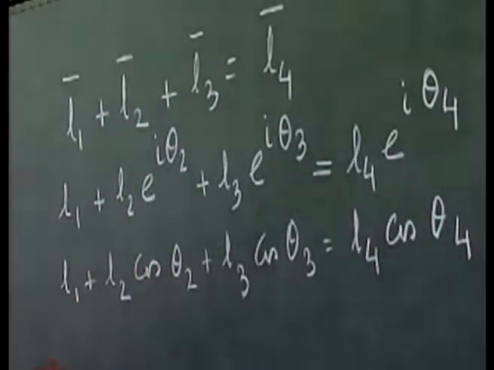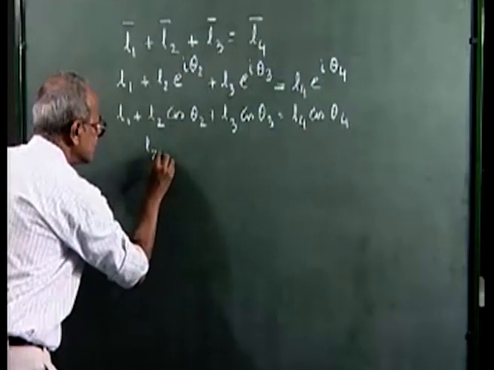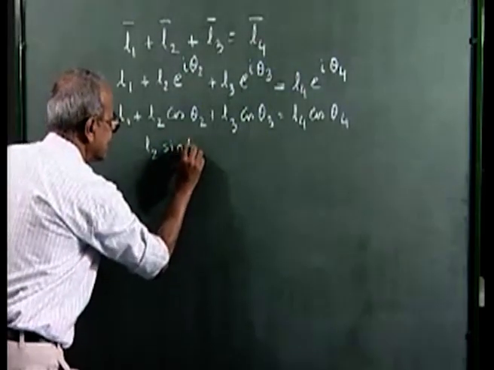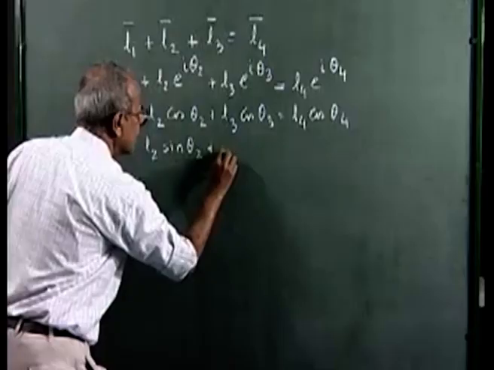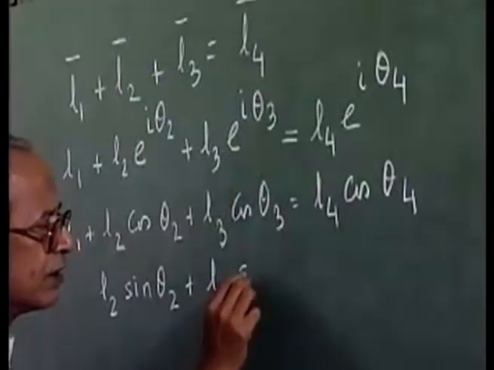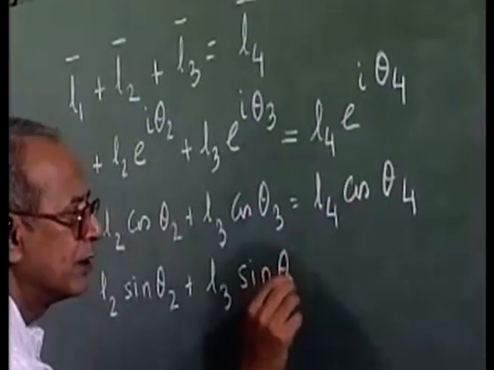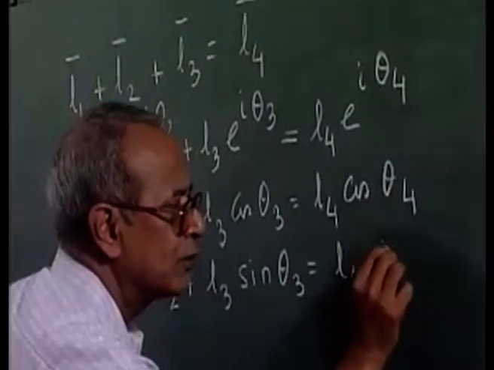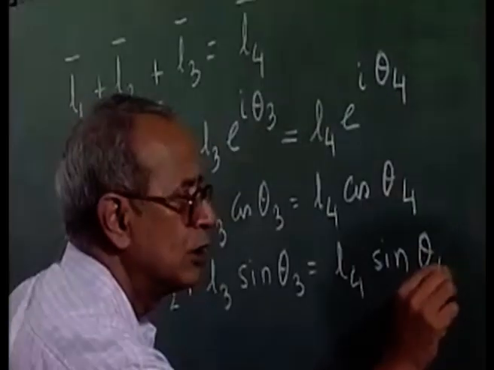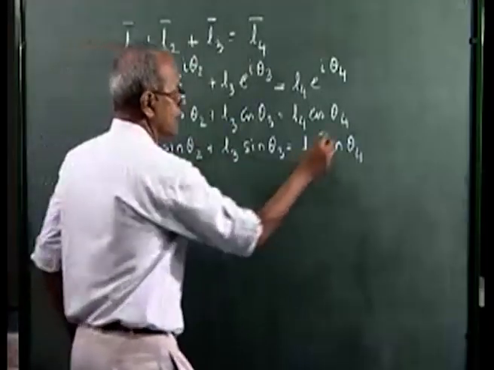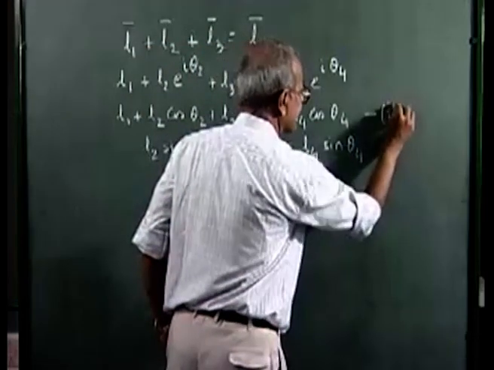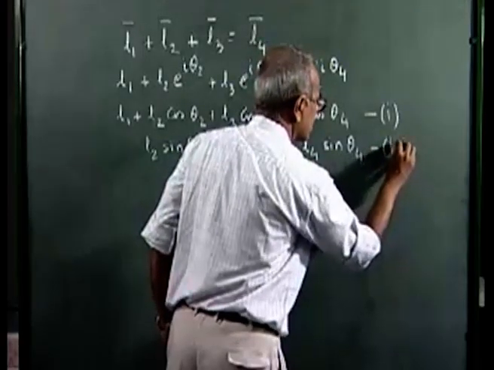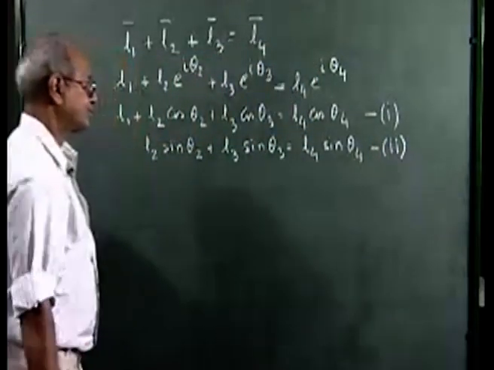Equating the imaginary parts, we get L2 sin theta 2 plus L3 sin theta 3 is L4 sin theta 4. So this complex equation is equivalent to two real equations, which I mark as equation number 1 and 2.